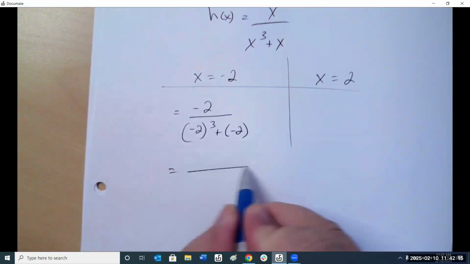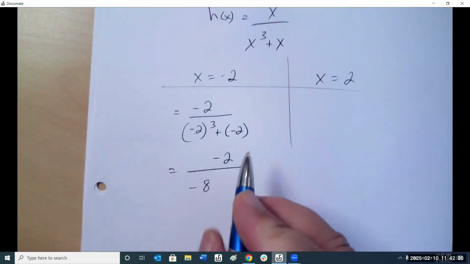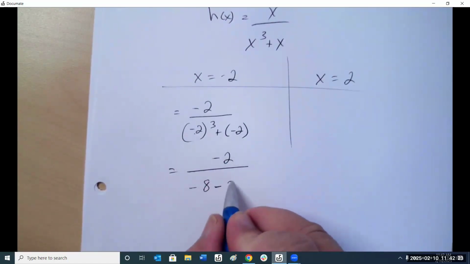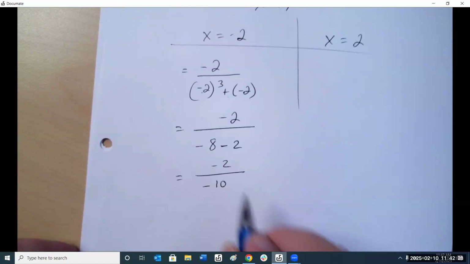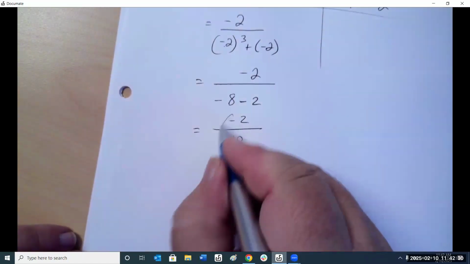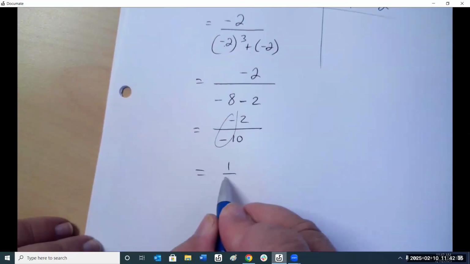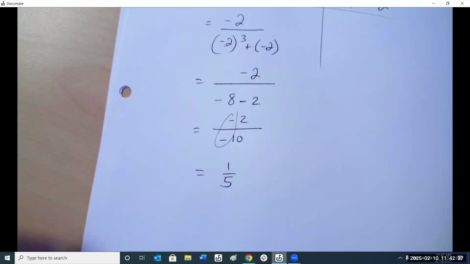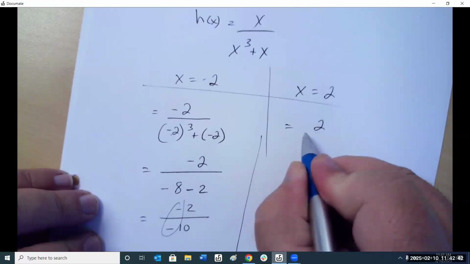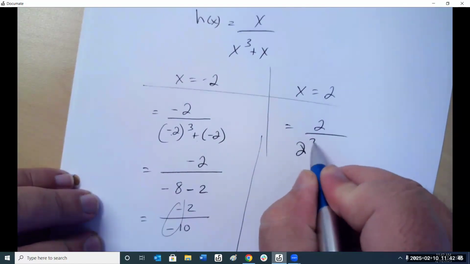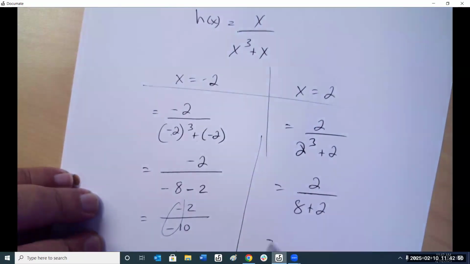So on top, we have -2, -2 cubed is -8 plus, since they're both odd, 2 cubed plus 2, 8 plus 2.